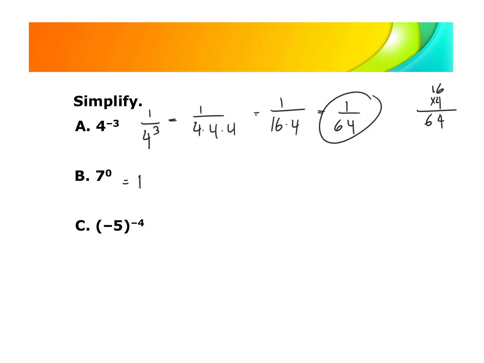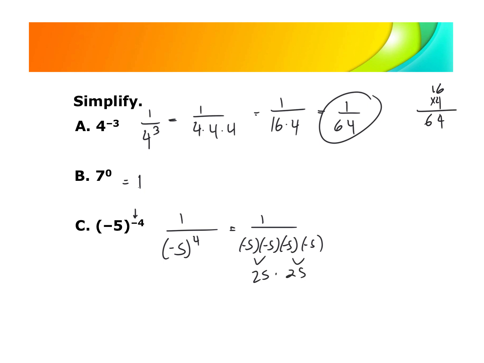And for the last one, we're going to have 1 over negative 5 to the 4th. Because of this negative, it's going to be 1 over negative 5 times negative 5 times negative 5 times negative 5. So it's going to be 25 times 25. And that's going to be 1 over 625.